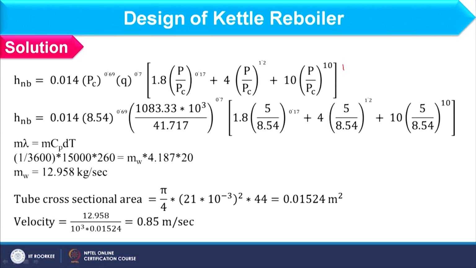Here we have the expression depending upon the critical pressure as well as the operating pressure along with the flux. So, what is this flux? This flux is nothing but the heat duty divided by the heat transfer area.